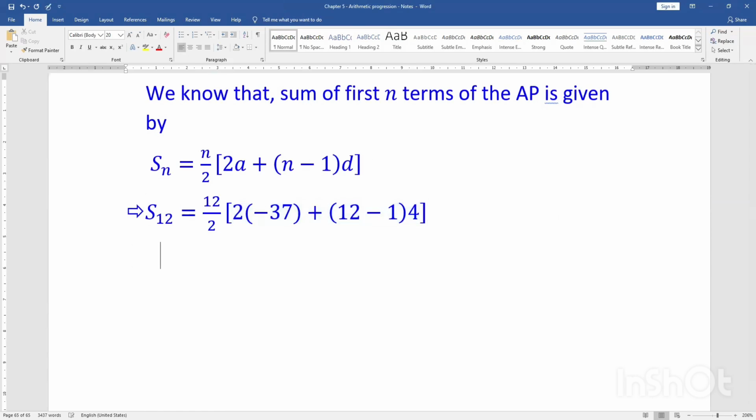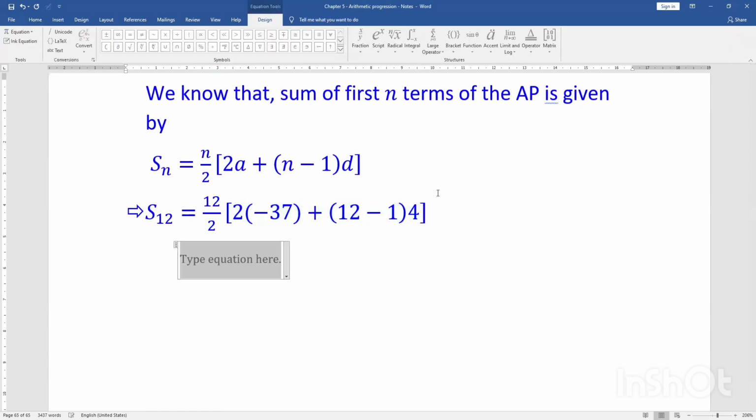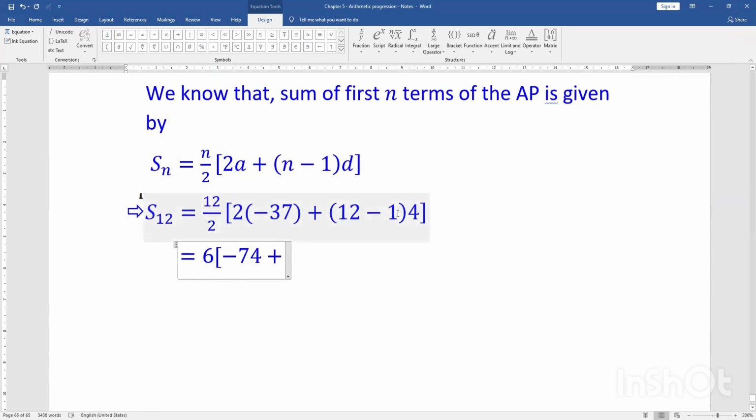Next, it is equal to 12 by 2, which is how much? 6. And then 2 into minus 37, that is minus 74. So minus 74 plus, now 12 minus 1 is 11, 11 fours are 44.